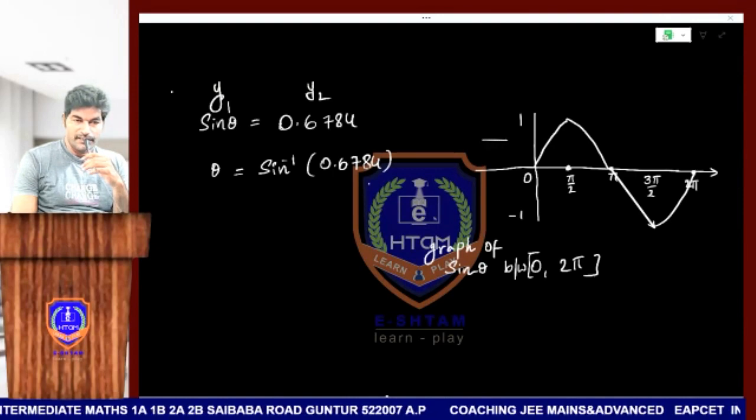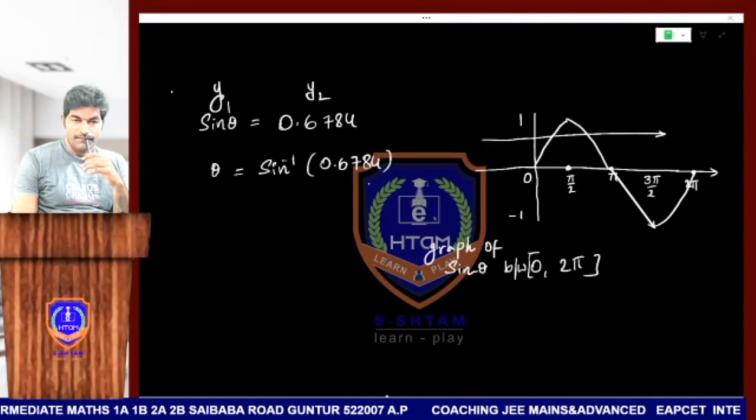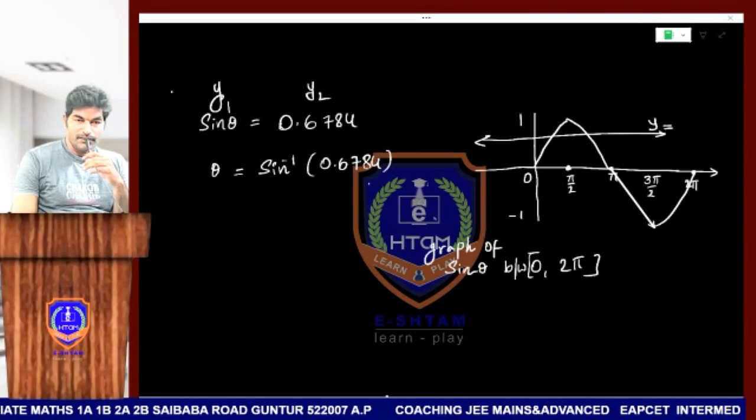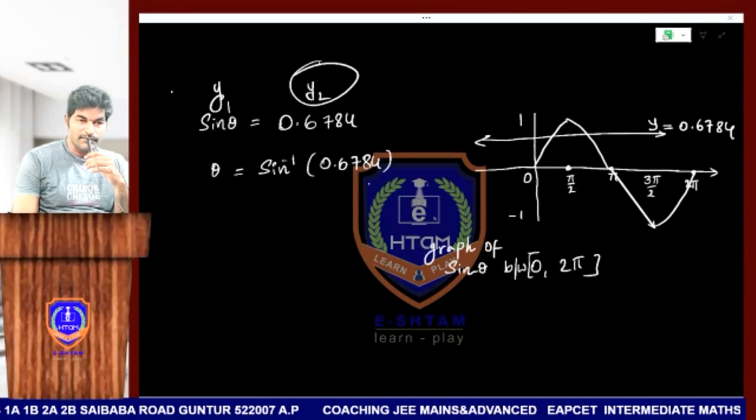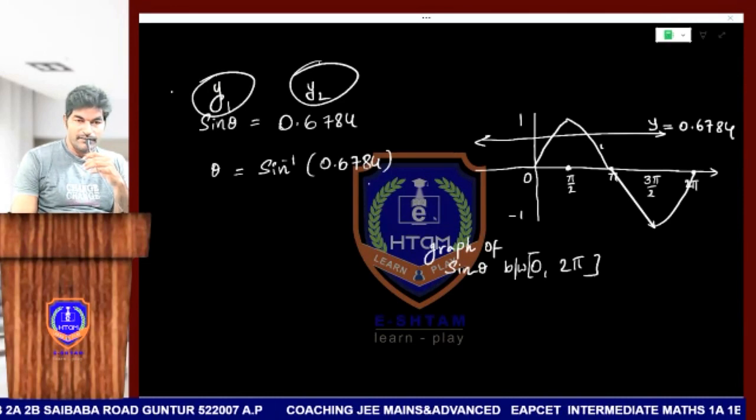If you draw this line like this, this line is called y equal to 0.6784. This is y2, and the graph y1 is showing sine theta.